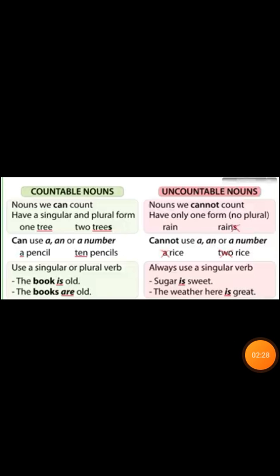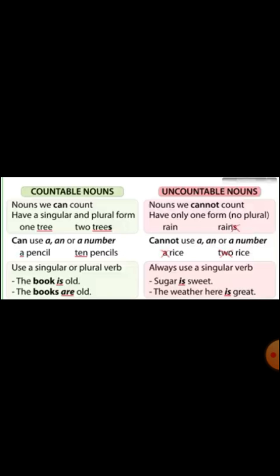Now, how do we identify countable nouns and uncountable nouns? First point: nouns we can count are called countable nouns, and they have both a singular and a plural form. For example, 1 tree, 2 trees.